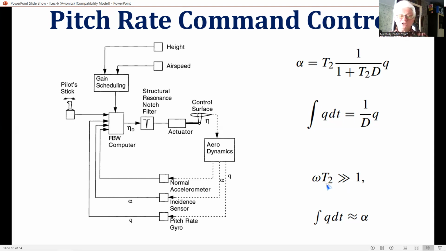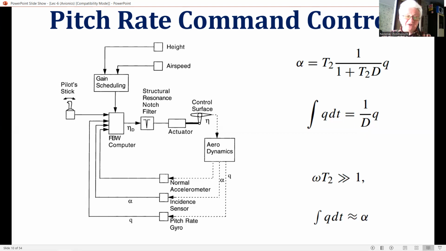So the proportional plus integral control is generally applied to the pitch rate error. In this case, the Q sub E will be proportional to Q sub D minus Q. Here I mean the Q sub D is the demanded pitch rate.